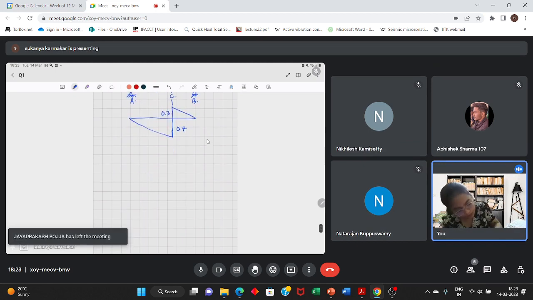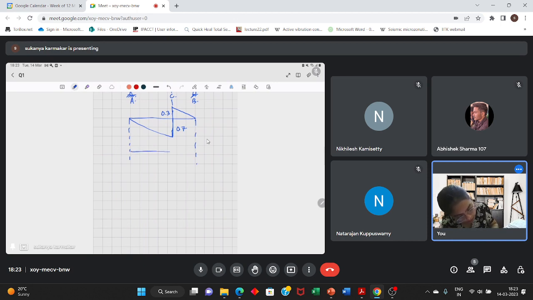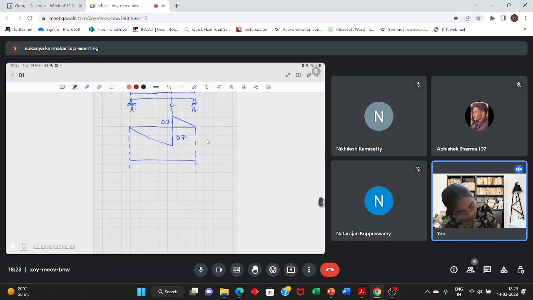Now, suppose the load is lying in this portion. Intensity of the load is 10 kilonewton per meter.